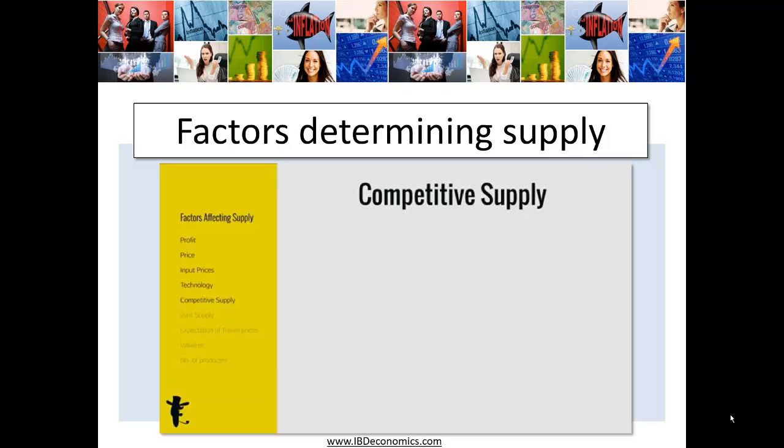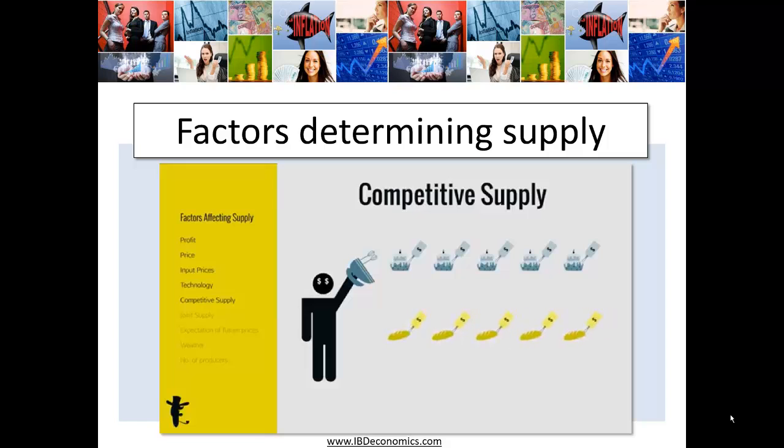Competitive supply. As bakers, we can bake cakes or bread. If price of bread increases, this means baking bread is more profitable. Then we should bake more bread? Crap. Supply of cakes has to decrease. Why?